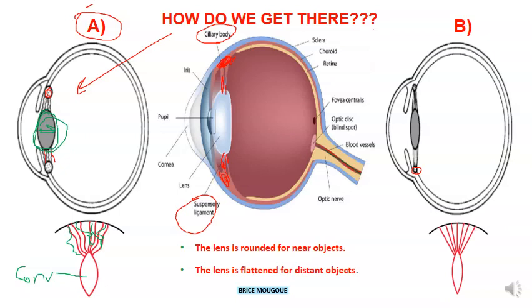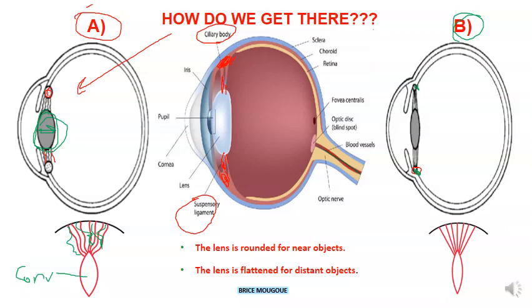Looking at the concave lens in case B here, what happens? For me to have my lens stretched here, the ciliary muscles here will then have to relax.